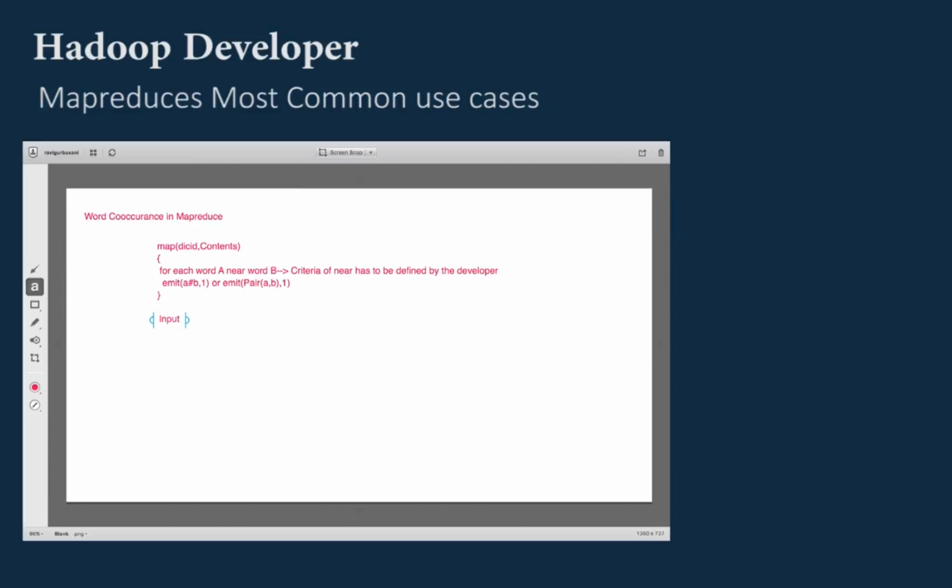Now input to the reducer would look like this, and what we get is A comma B were near each other 50 times, so probably they are related. That is how we get word co-occurrence.